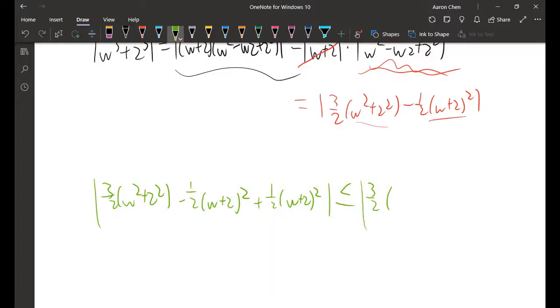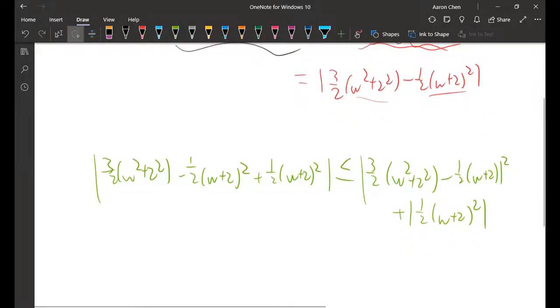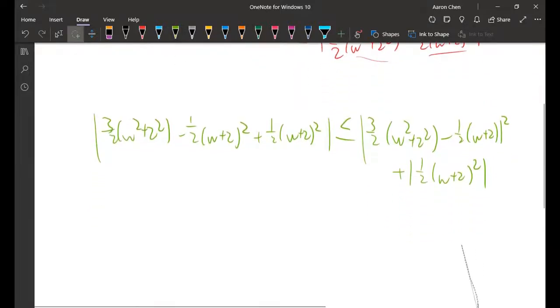Why did I write that? Okay, 3/2 of w squared plus z squared minus 1/2 of w plus z squared, and then plus the magnitude of 1/2 of w plus z squared.